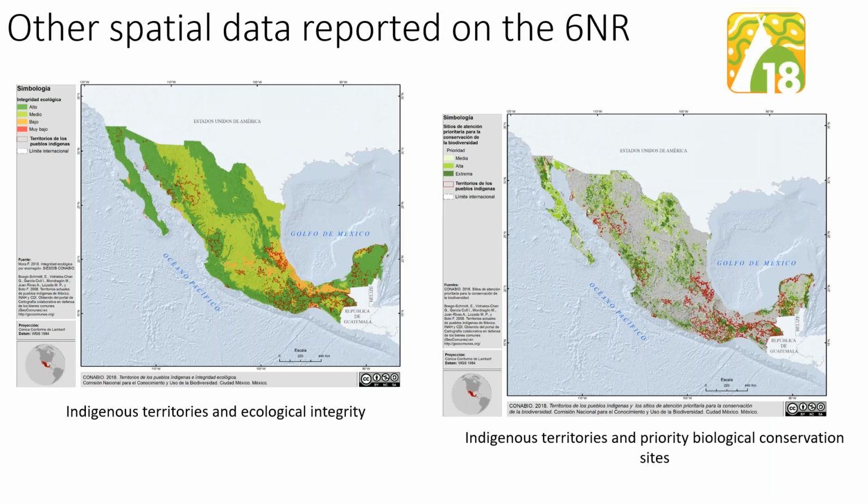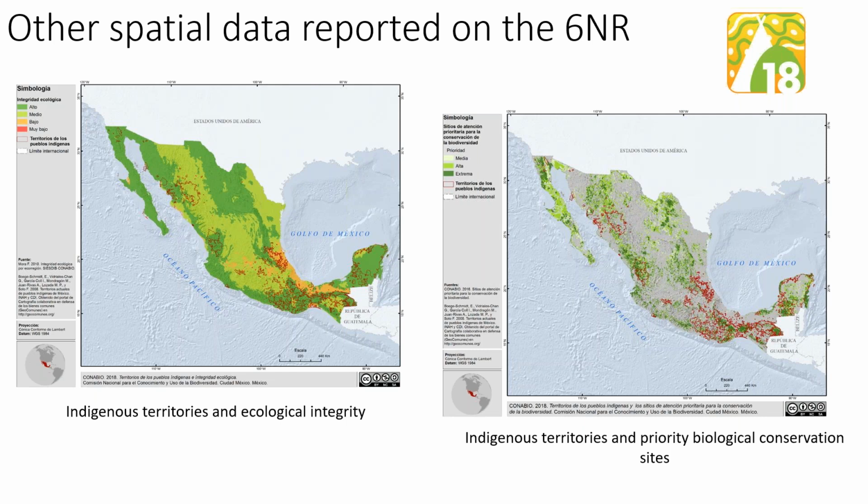Finally, we want to present another spatial data exercise that we did for Aichi Target 18 to understand the overlapping between indigenous territories and topics on biodiversity. In this case, the maps are showing us the overlapping between indigenous territories and ecological integrity, priority biological conservation sites.